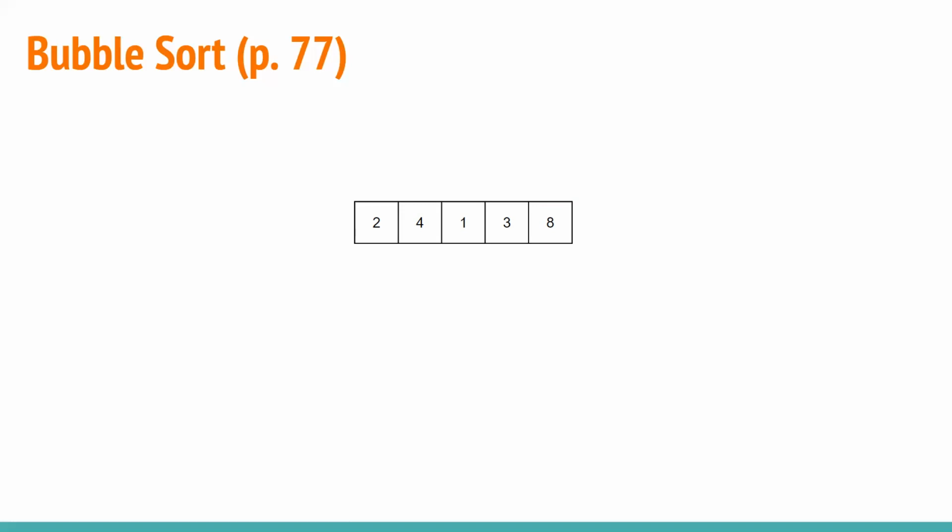So at each step, the largest number in the list will bubble up to its correct position. We can see this. 8 was initially the first item in the list. We know, as humans, that 8 is supposed to be the last item in the list.